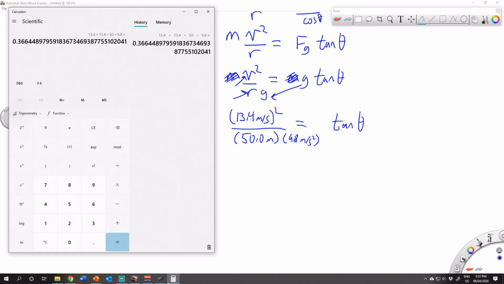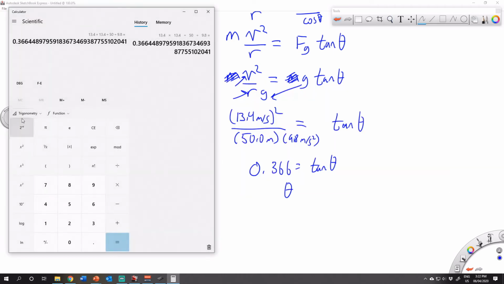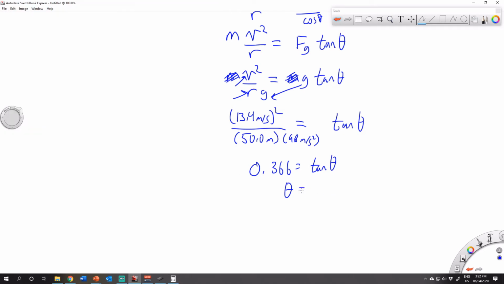Okay, so tan theta will be 0.366. 0.366 equals tan theta. Inverse tan that. So the angle is about 20 degrees.